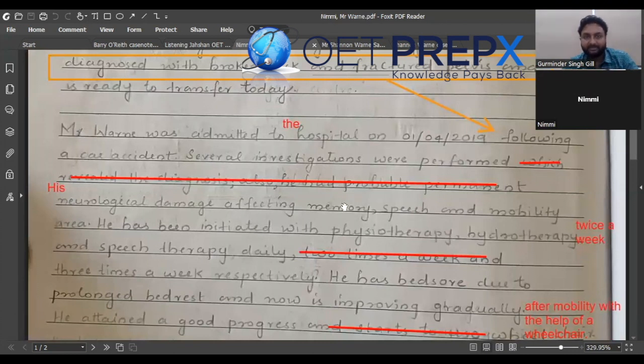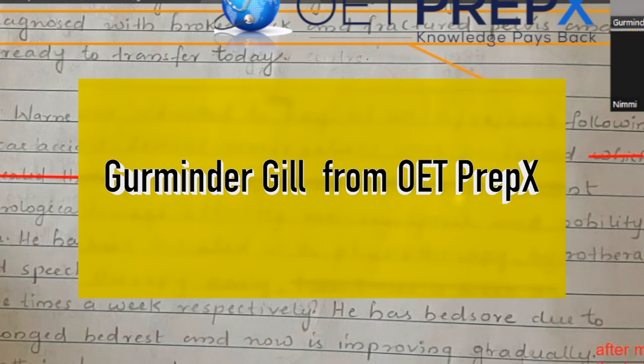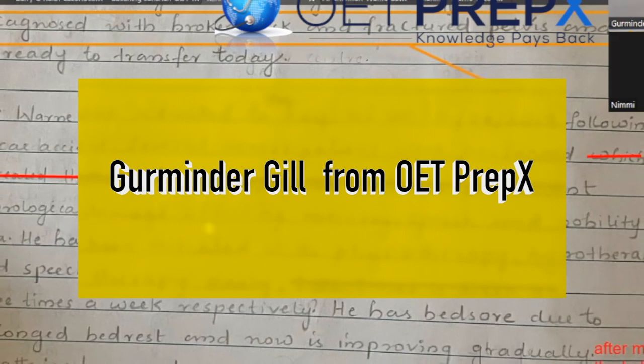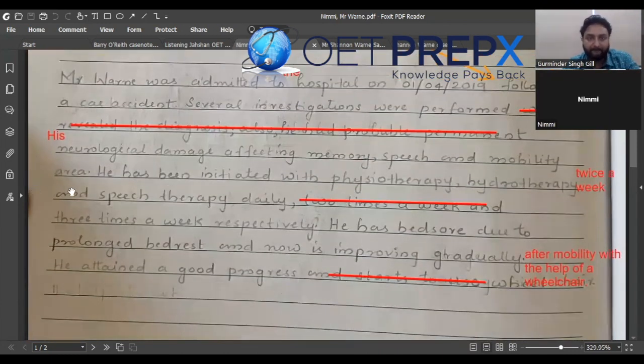Okay, we can skip this part, because if we have already mentioned it in the first paragraph, we can skip the probable permanent neurological part. But we can say his neurological damage affecting memory, speech, and mobility. So this is fine to write. In this way, you can mention it in your second paragraph.